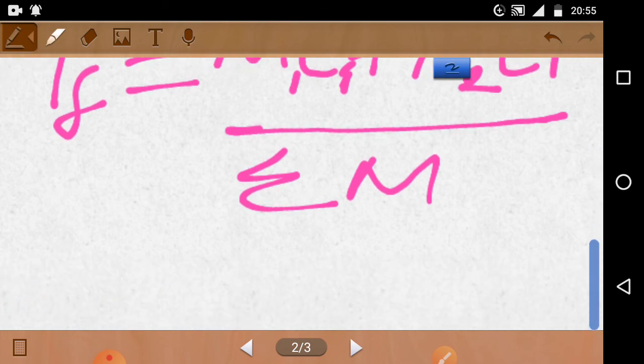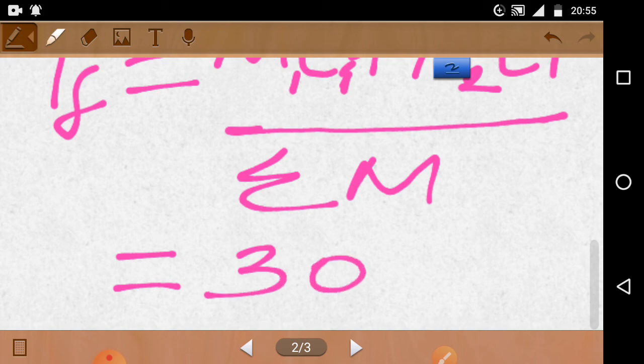If you substitute this as well in the above equation, we will arrive at the same answer of 30 degrees Celsius.